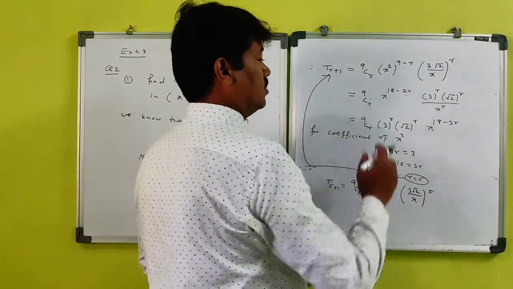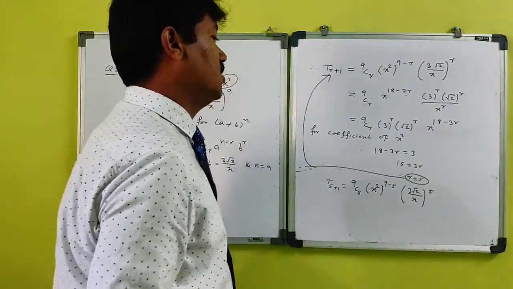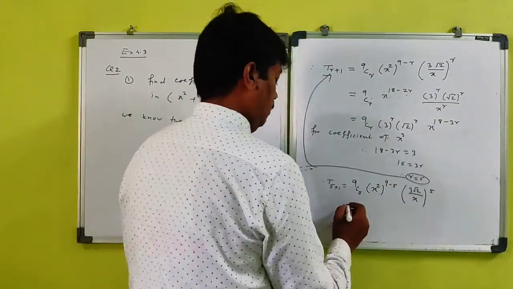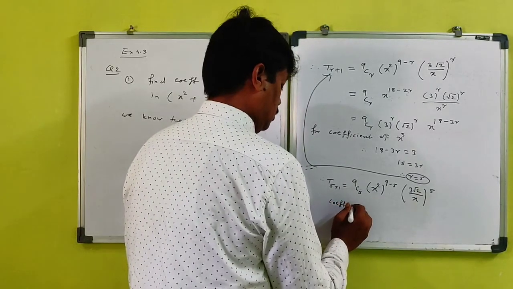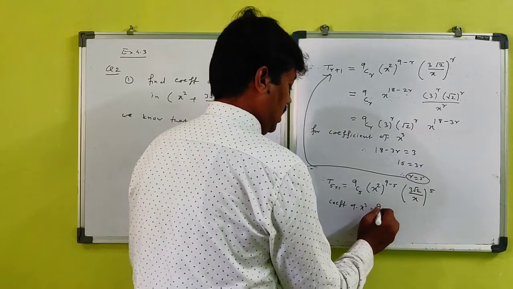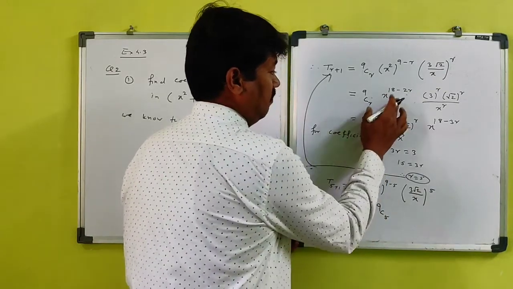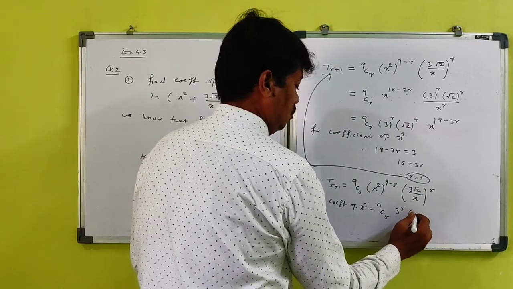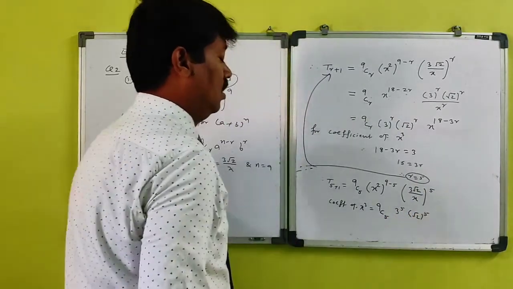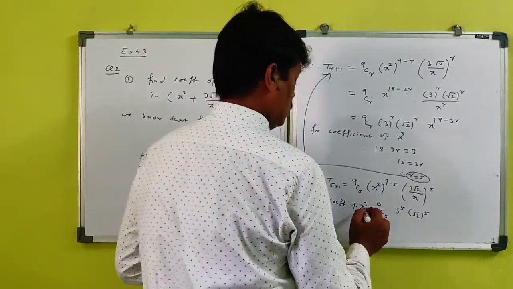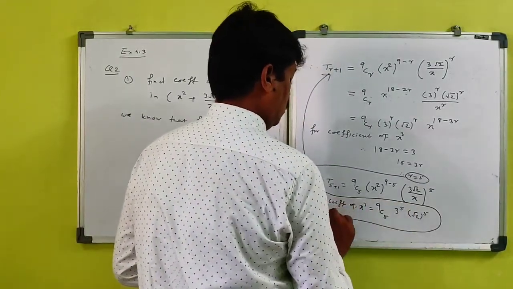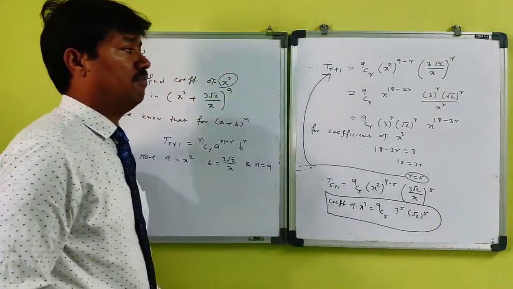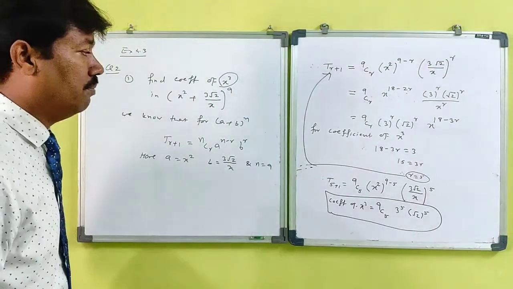The powers of x cancel, so the coefficient of x cube will be 9C5, 3 raised to 5 into root 2 raised to 5. So this is the answer. The coefficient of x raised to 3 will be 9C5, 3 raised to 5, root 2 raised to 5 in this question.